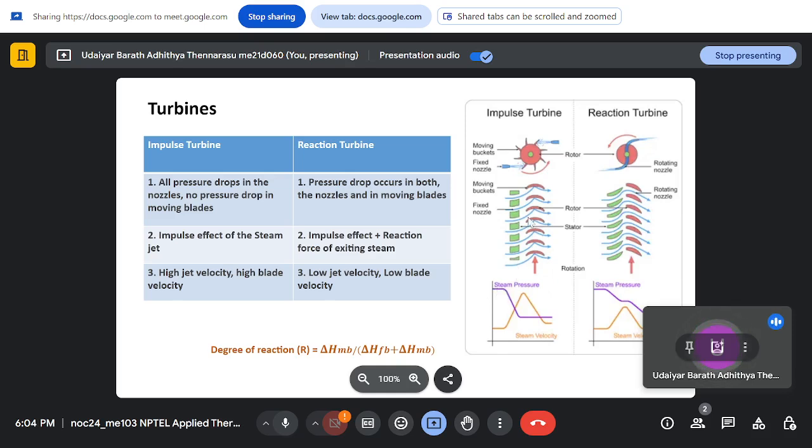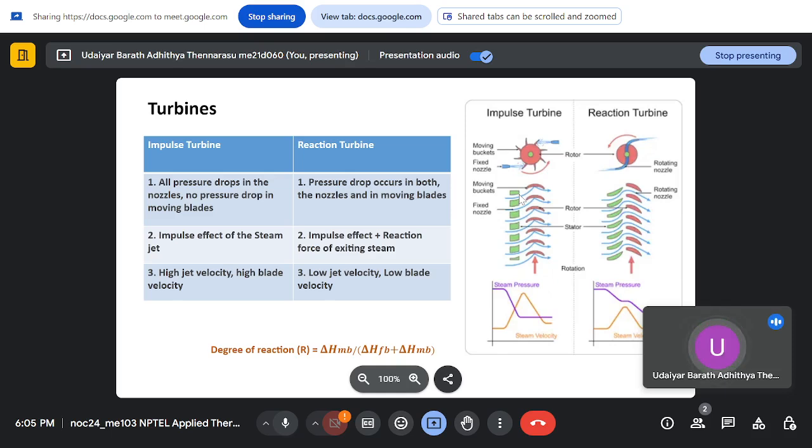When it goes through the nozzle, the pressure drops, and the reduction in pressure is converted into kinetic energy, so there is an increase in velocity. At the exit of the nozzle you have maximum velocity and minimum pressure. This goes and hits the blades of the turbine and the turbine rotates. Here the pressure drop is only across the nozzle.